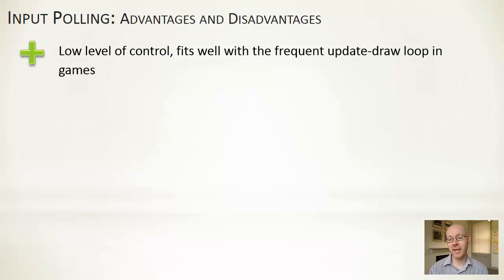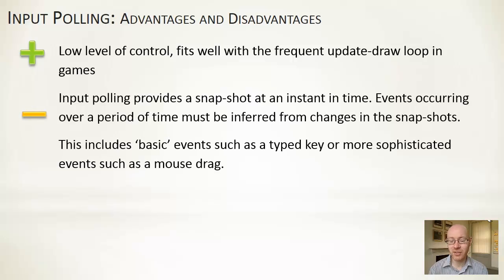In terms of the main disadvantage, because we are looking at a snapshot of an instance in time, and because we have to basically work out what happens from one frame to the next, events that happen over a period of time are harder. For example, we might be drawing a gesture on the screen, and it may take the user half a second to draw the gesture, and that could relate to, say, 25 updates.